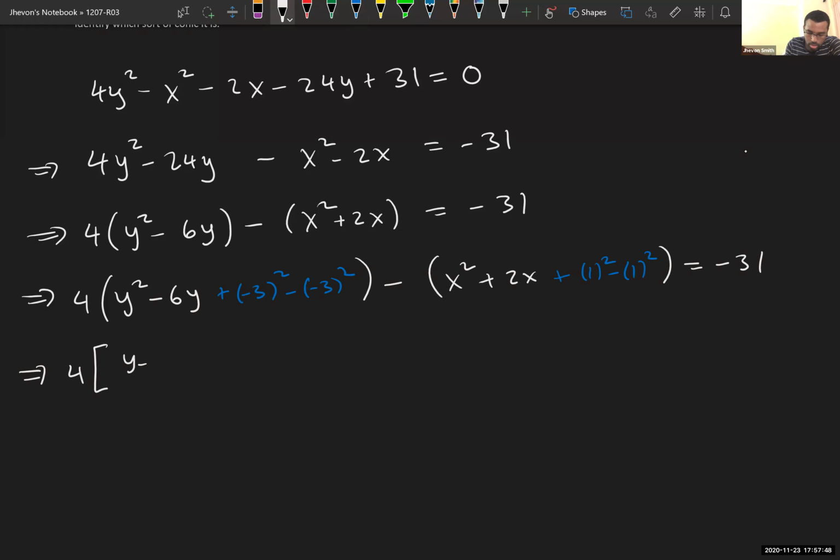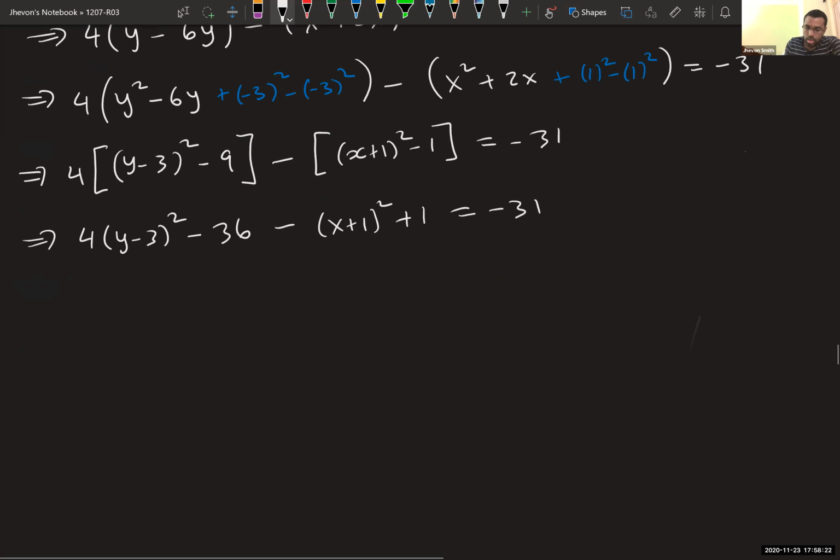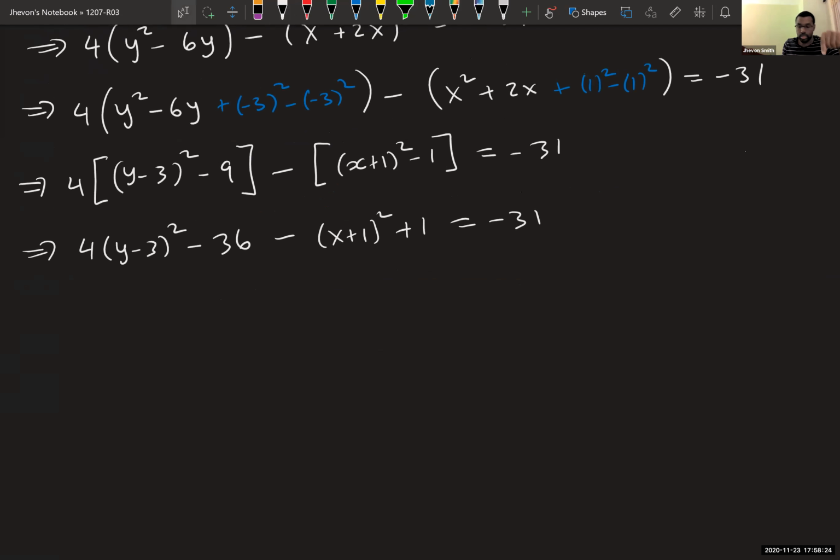First part is a complete square. So that's 4 times y minus 3 squared, minus 4 times 9, which is 36. So I have minus 36 plus 1, which is minus 35.